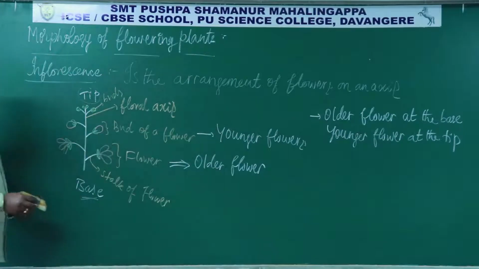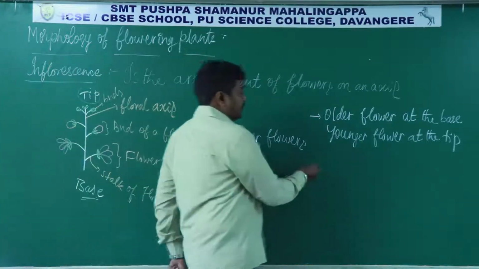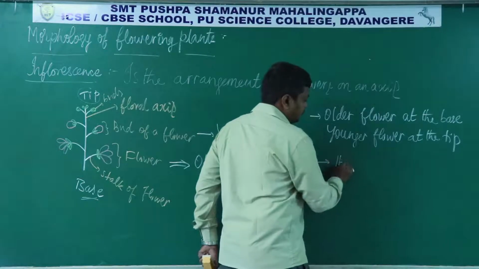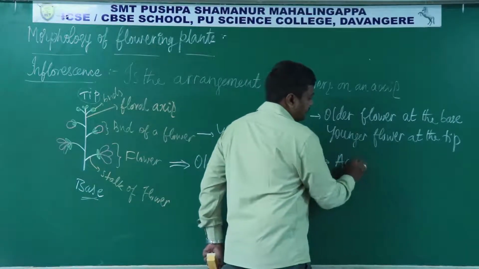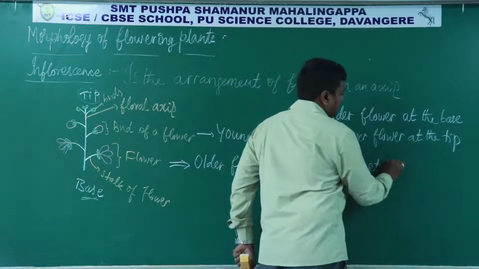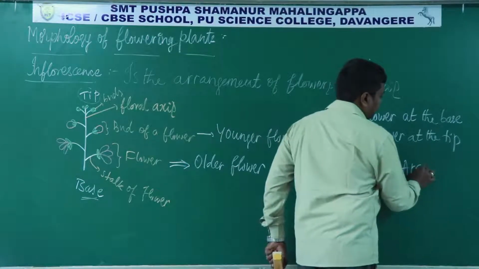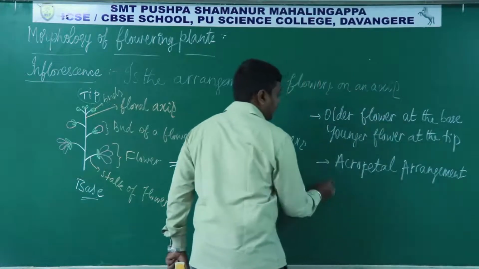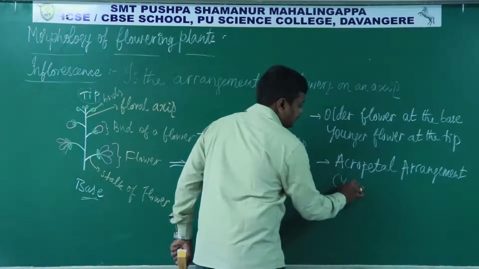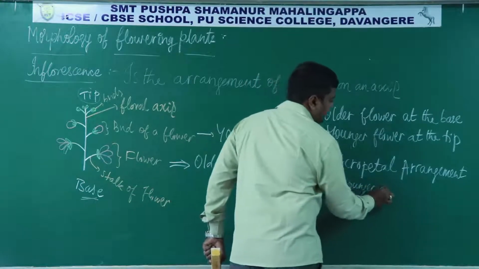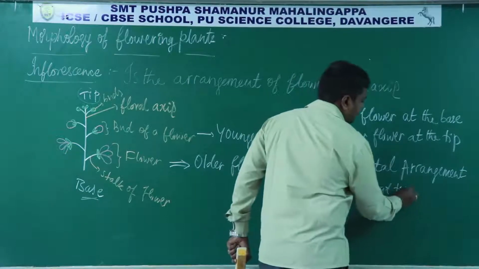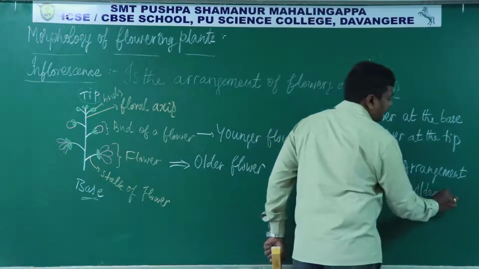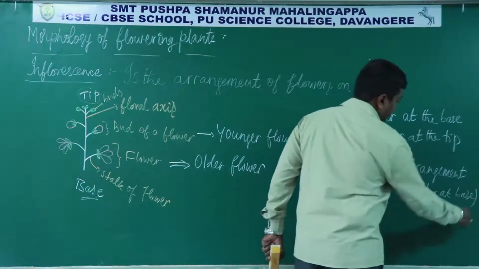Then the arrangement of this kind, younger at the tip, older at the base, is called acropetal arrangement. What is that acropetal arrangement? Younger at the tip, older at the base.